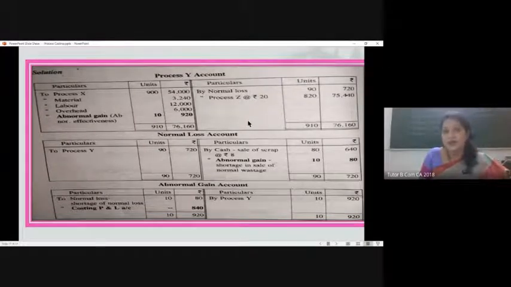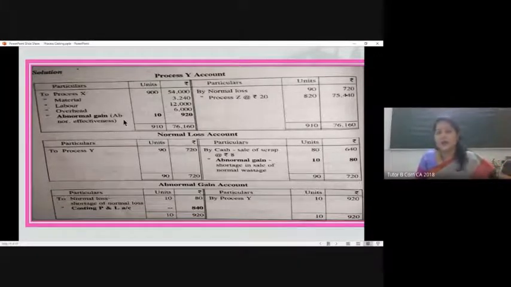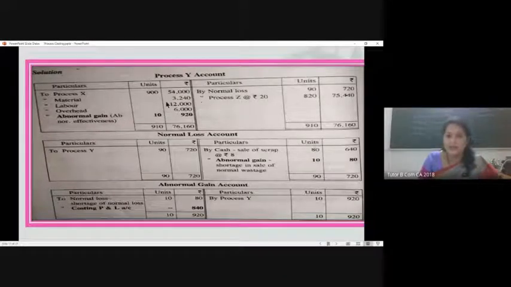The new thing, the additional thing which we have learned in today's class is how do we account for abnormal gain? And one more thing, how do I know whether I have an abnormal gain? In this case, it's very easy to find out. They said 900 units were introduced into this process and there is a normal loss of 90 units. Naturally, what should be transferred to process Z is 810.